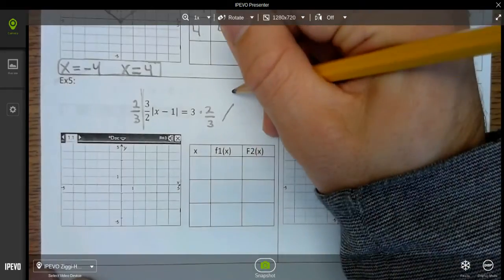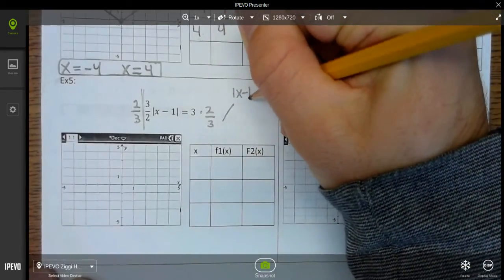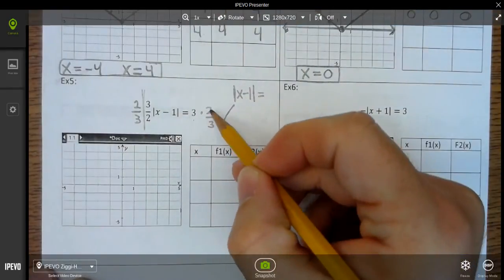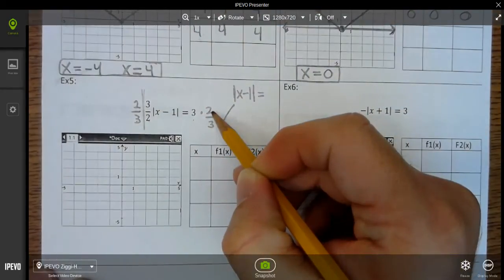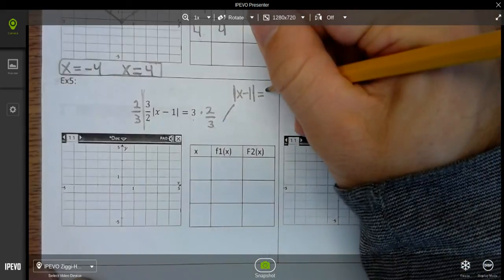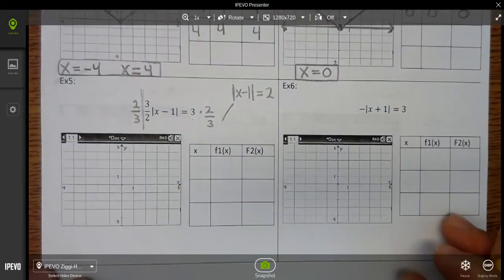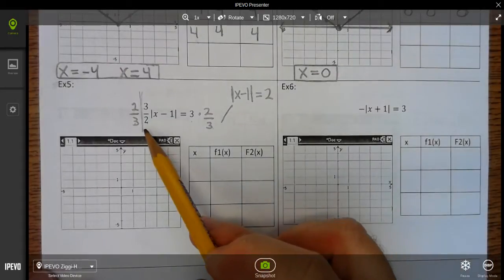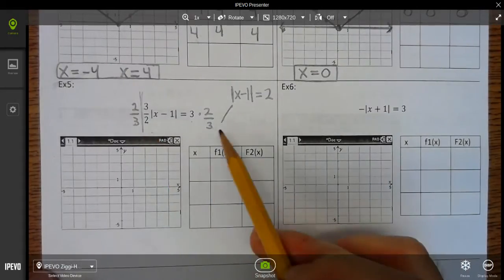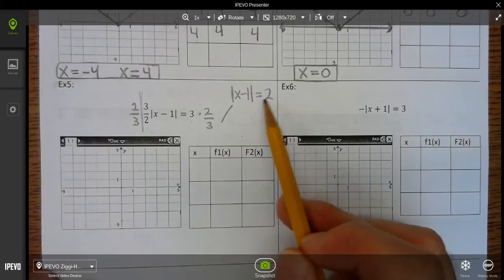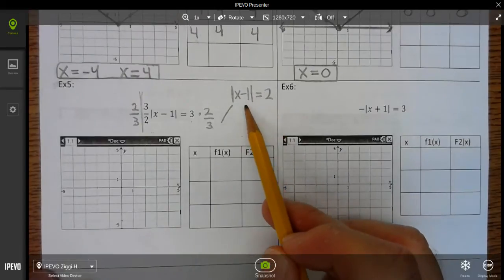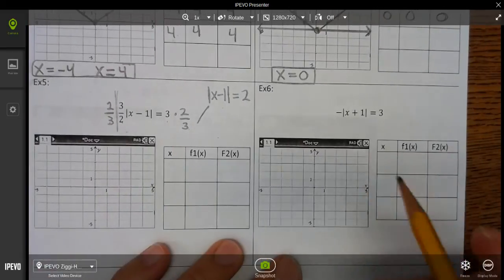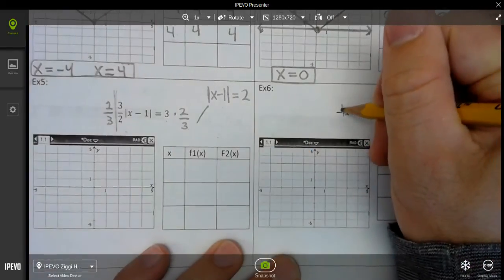And so then this becomes the absolute value of x minus 1 equals 3 times 2 is 6 divided by 3 is 2. Now, I think that's the part that would give you frustration before you can graph. So I'm going to leave it in this form and then let you finish the rest of it.